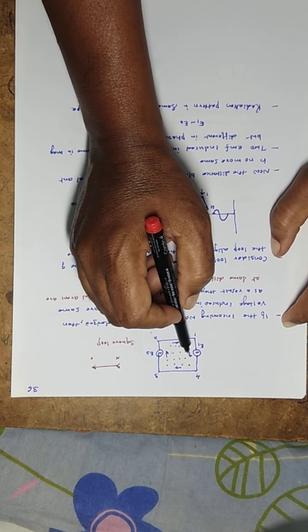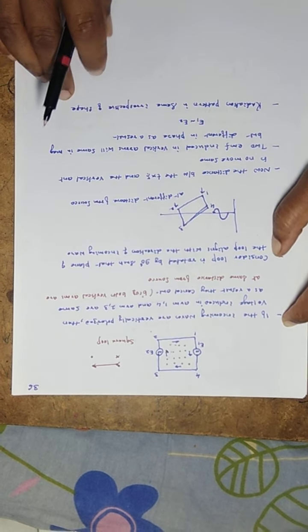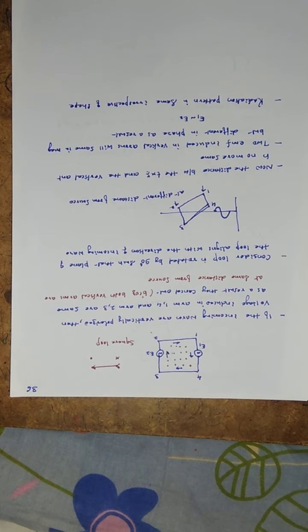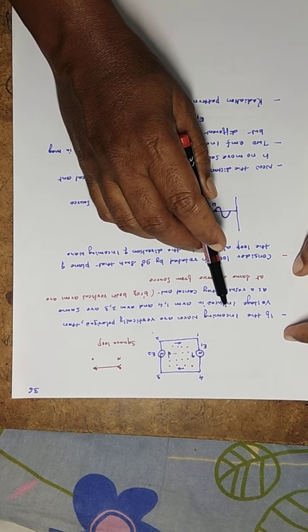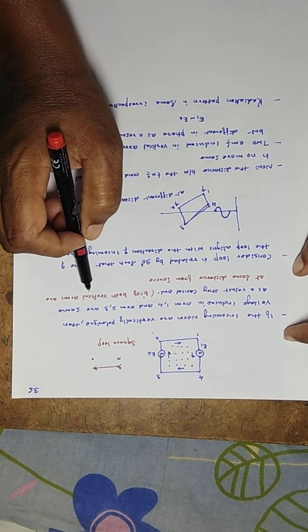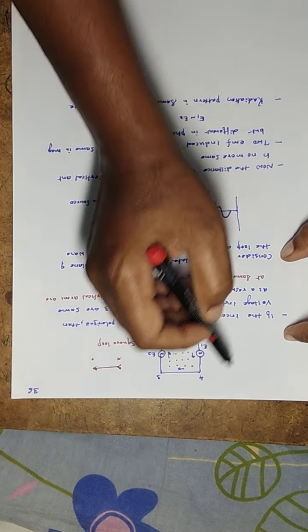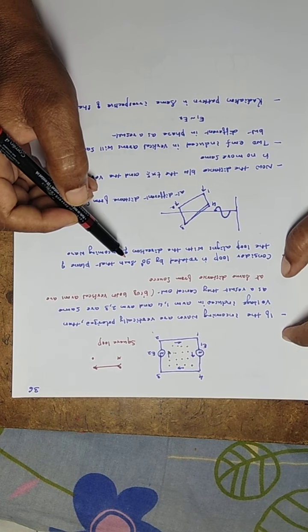In this case also, the current gets cancelled because they are induced in opposite directions. The same thing is repeated here. Now, when everything is zero, there is no use of this.